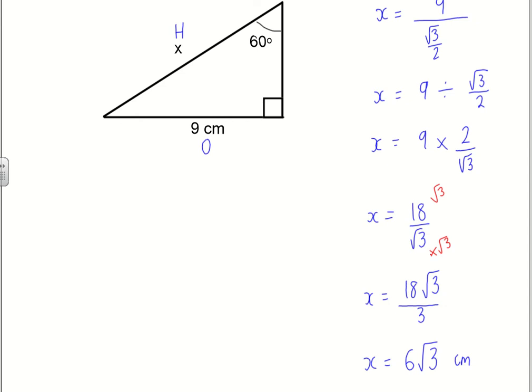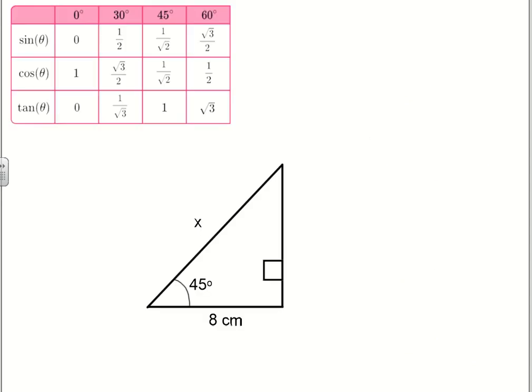Okay. Then I've got one more, so I thought I'd better show you a 45, though the 45 is not as difficult as the 30s and the 60s. So we've got h, which is our unknown, and we've got a, so it's a cos question. Cos 45 equals a over h, so that's 8 over x.